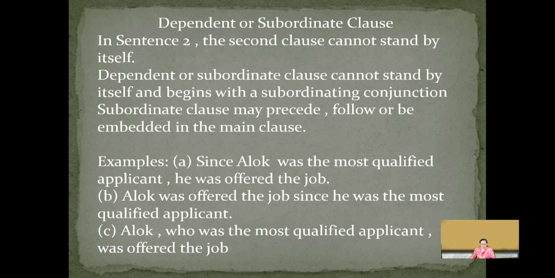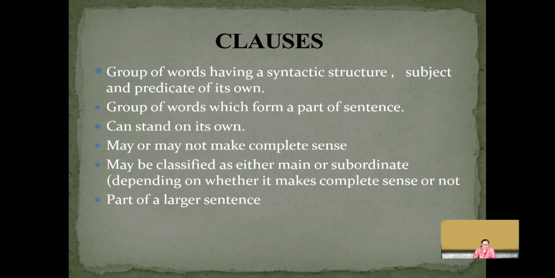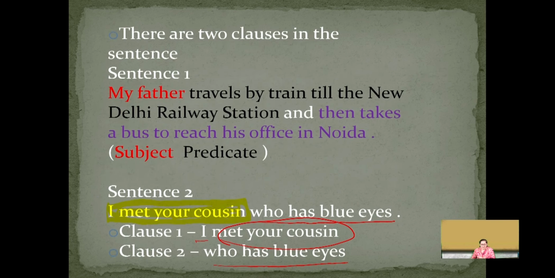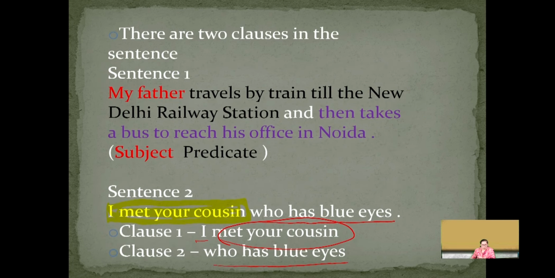And remember one thing, the most important thing that you should know is whenever a subordinate clause starts, it is preceded by a conjunction. The conjunction was "who."